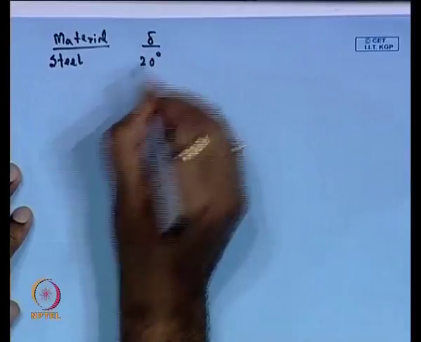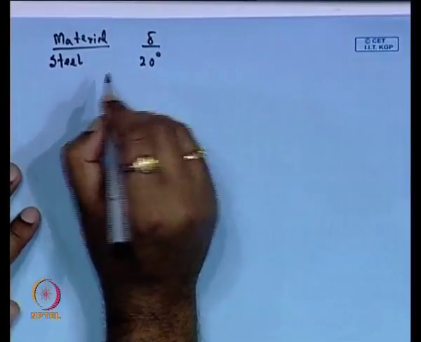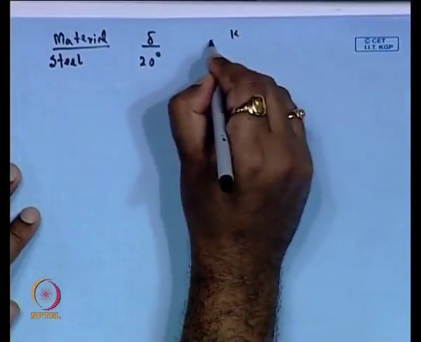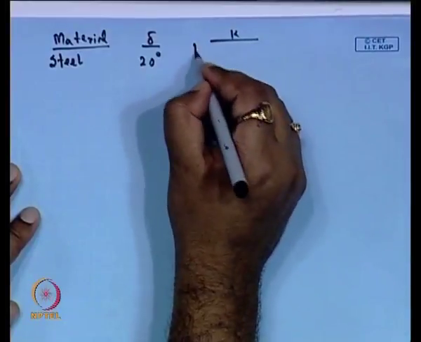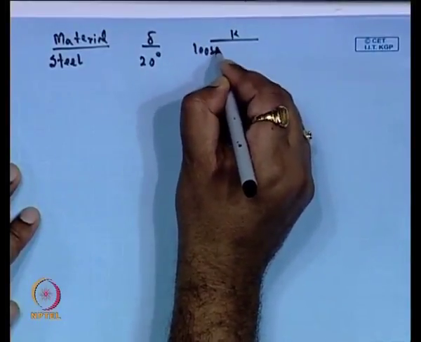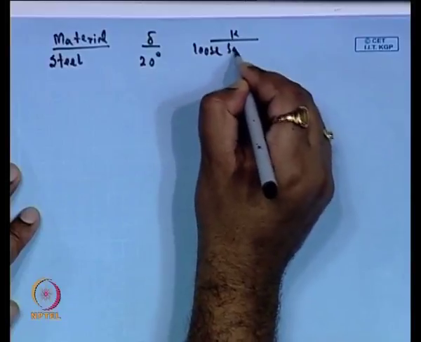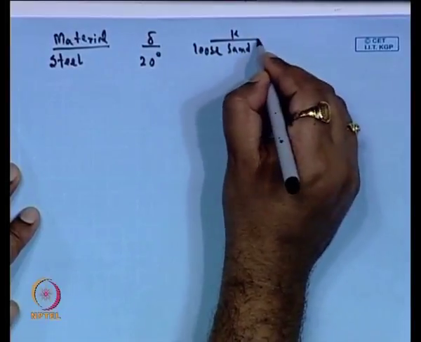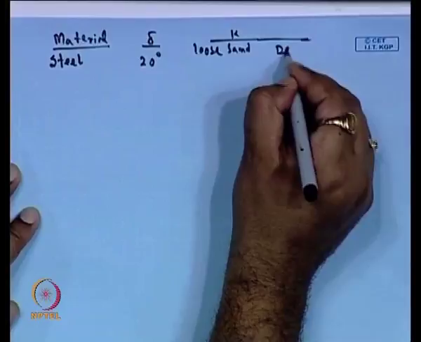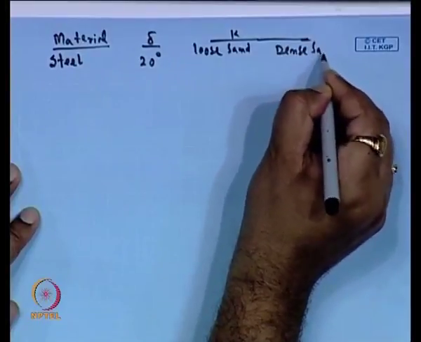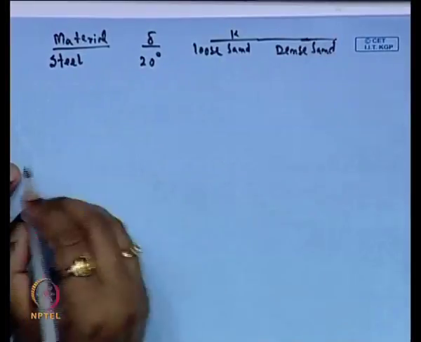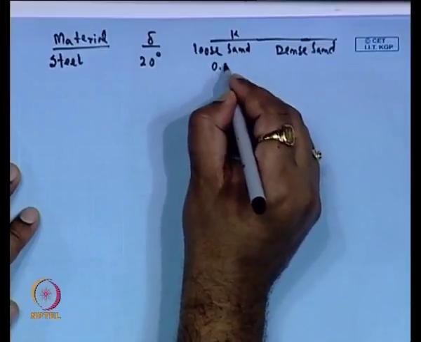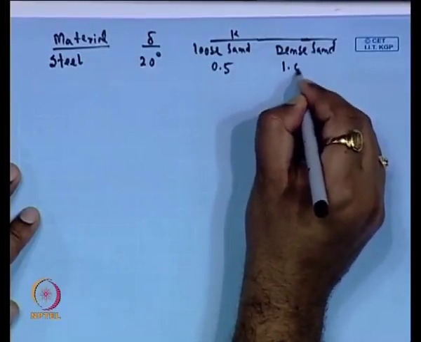Suppose this is 20 degree, and the k value that we are getting for the loose sand and for the dense sand is 0.5 and 1.